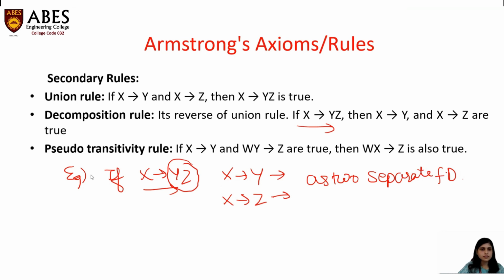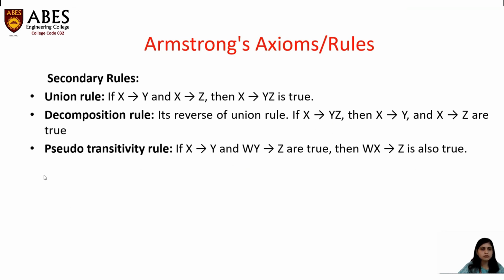To understand this concept of union and decomposition rule more clearly, let's take an example. Let's suppose this is a given functional dependency: AB implies CD.